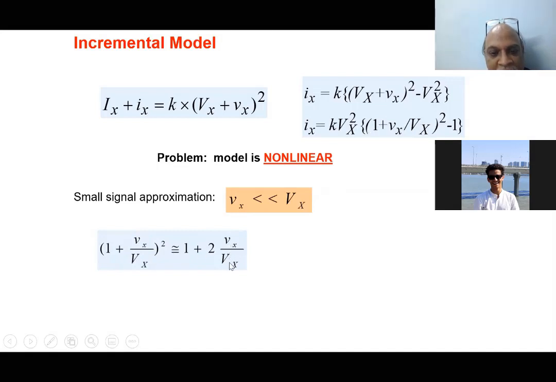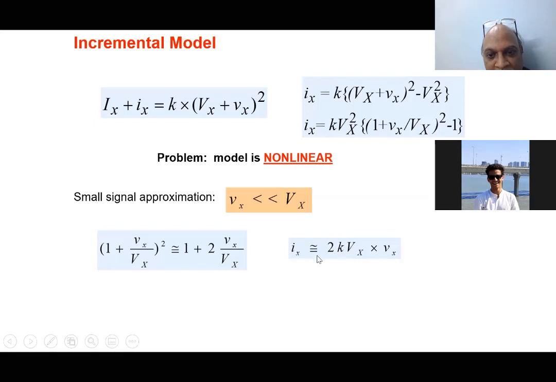We can do 1 plus 2 vx by Vx, ignore all the higher order terms. And then the model of this particular element becomes ix equal to 2k Vx times vx. So this is the incremental change in voltage across the element X, and this is the incremental change in current. And note that 2 is a constant, k is a constant, and Vx is also a constant.